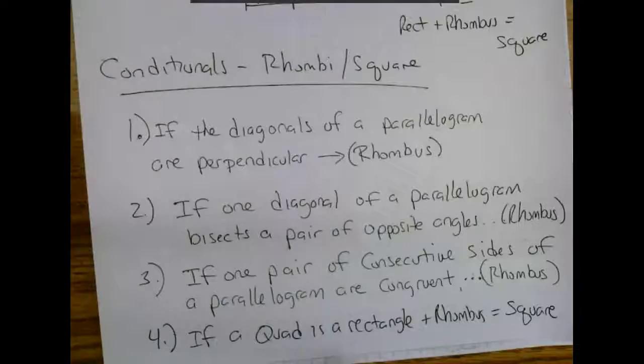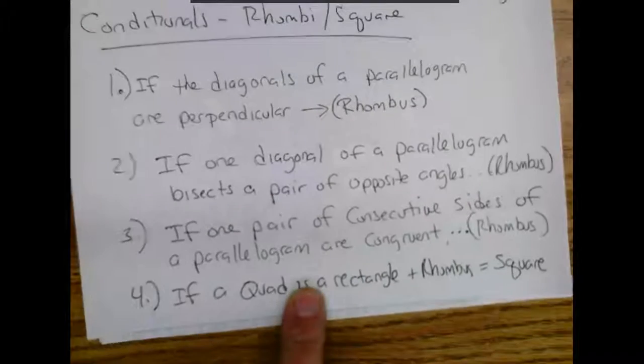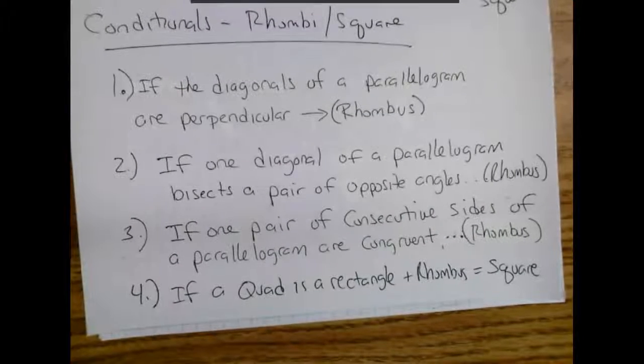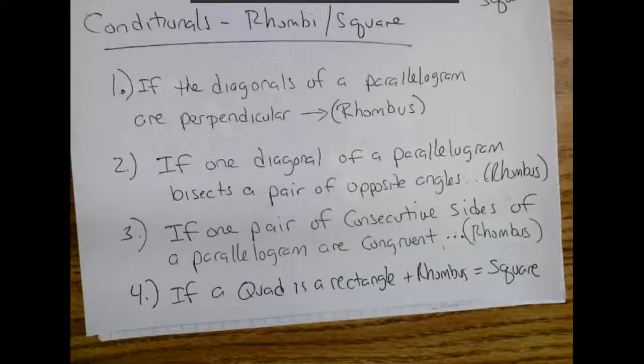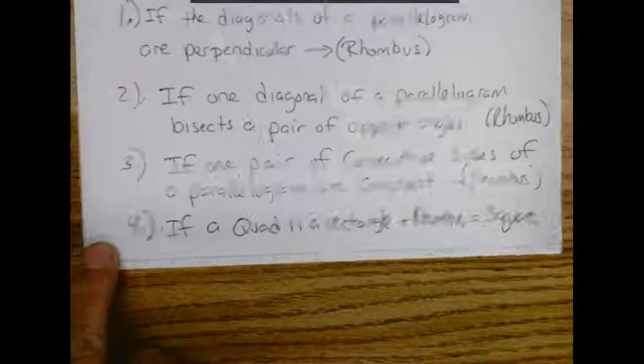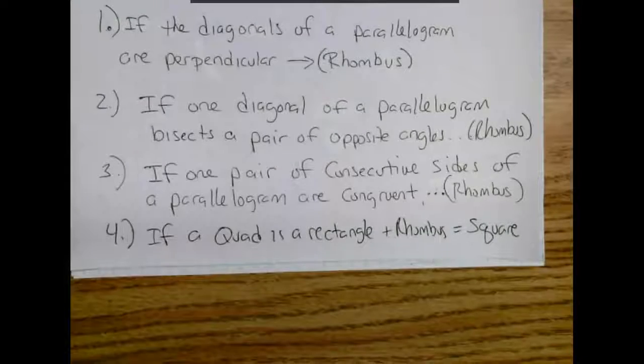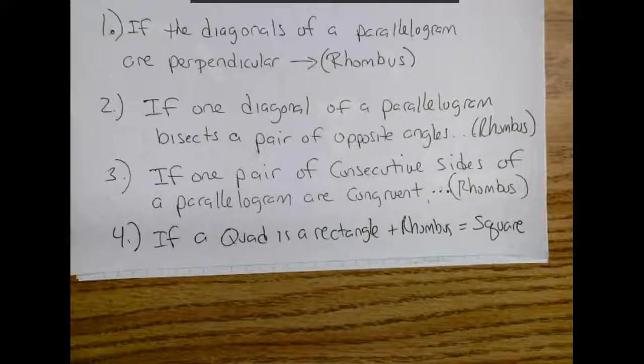And also, if one pair of consecutive sides of a parallelogram are congruent, then it's also a rhombus. And finally, if we can prove that a quadrilateral is a rectangle and also meets the requirements for a rhombus, then it also means it's a square.